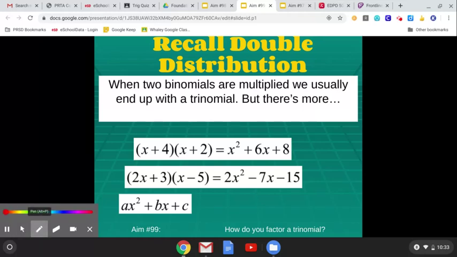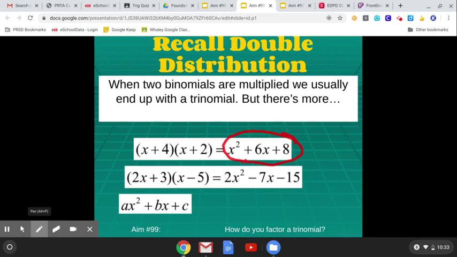Again, I didn't show all the work, but that is what you get. Our goal today will be, if I give you this, how can I figure out that these two things were what was multiplied? Or if I give you this, how can you figure out that this and this were the two factors that were multiplied?